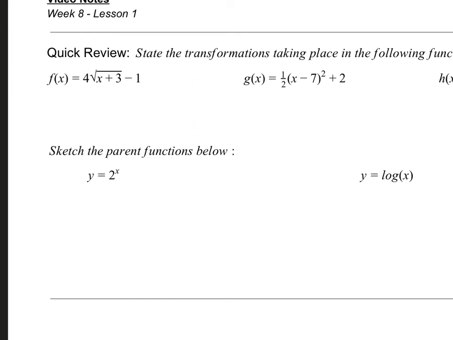So up here, it looks like I have this 4 on the outside. So that's a vertical stretch, right? That's not writing properly. It's okay. Vertical stretch. And then what we're doing is we're adding 3 on the inside.